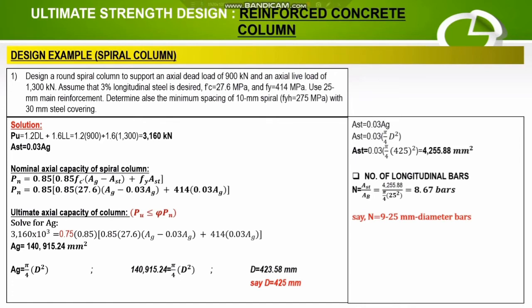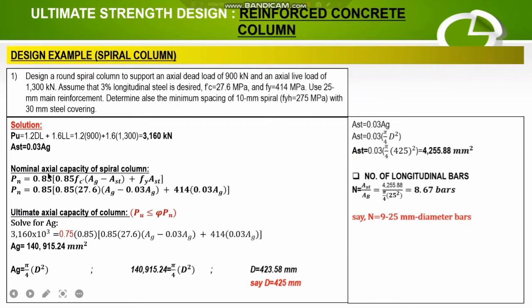So take note that based from the book of Engineer Gillesania, the ideal percentage of the steel reinforcement ratio or steel reinforcement area must be within the range of 1.5% to 3%. So that's why we use 0.03 of Ag or 3% of Ag as our steel reinforcement ratio per area. So the nominal axial capacity of spiral column P sub n is given with the formula 0.85 times the quantity of 0.85 Fc prime times the quantity of Ag minus AST plus Fy AST.